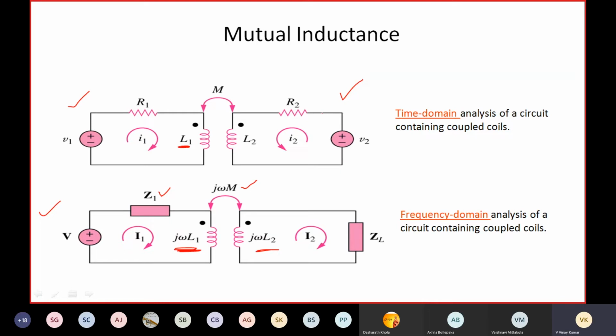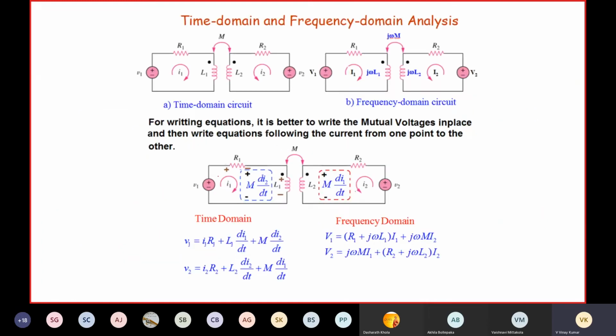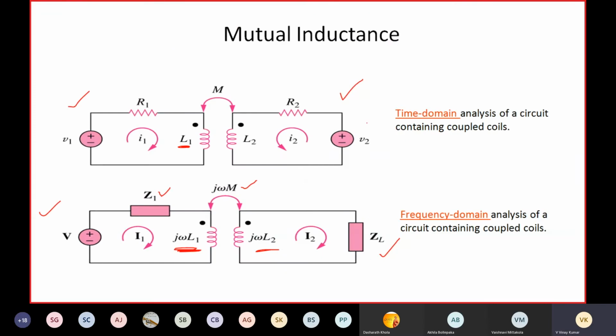If it is having a load resistance, let RL be the load resistance, then you have ZL in the frequency domain. This is a circuit in time domain, and this is a circuit in frequency domain. Instead of connecting this, you connect RL, then this is the circuit in the frequency domain.